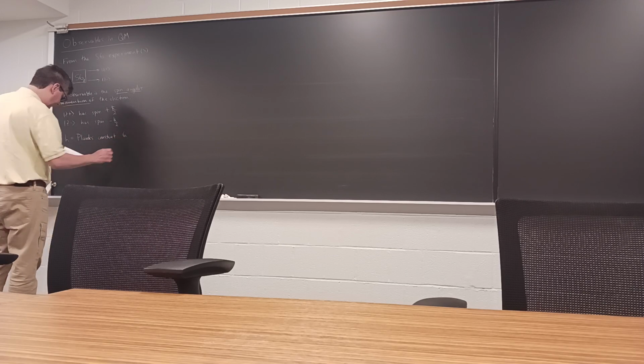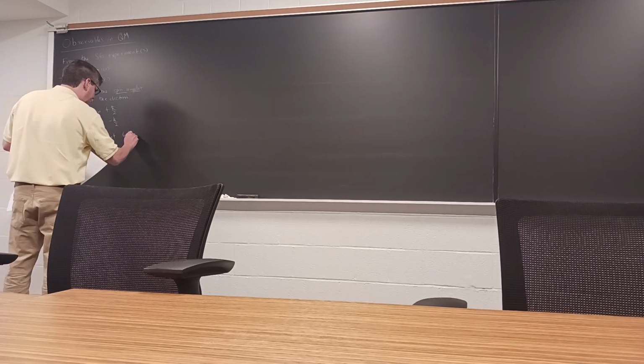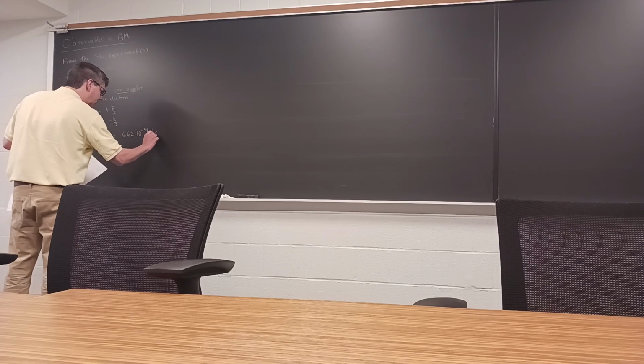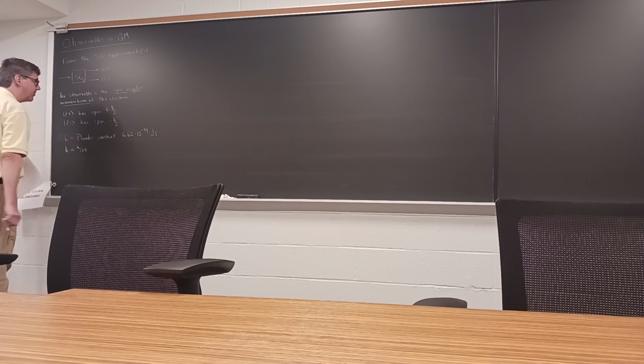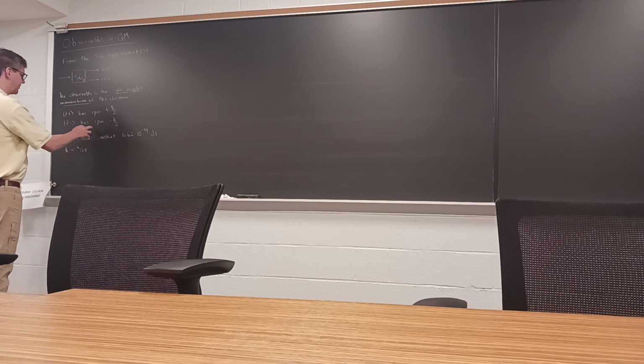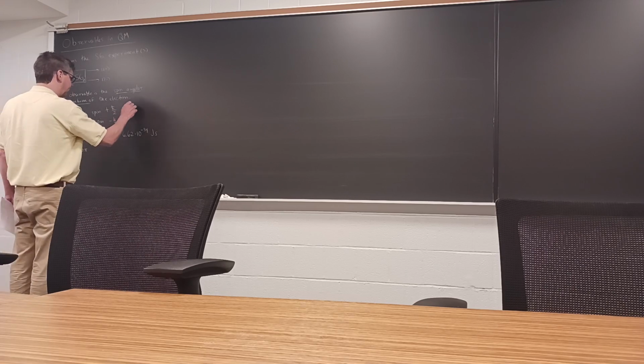And that's 6.62 times 10 to the minus 34 joule seconds, so tiny. And h bar is equal to Planck's constant divided by 2 pi. So these are the physical observables.